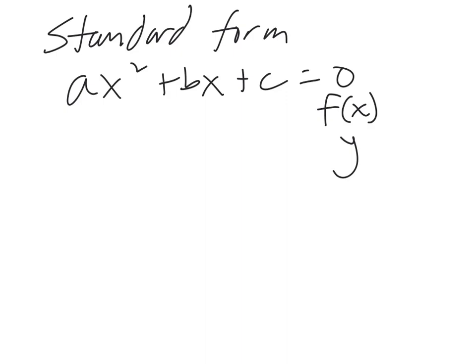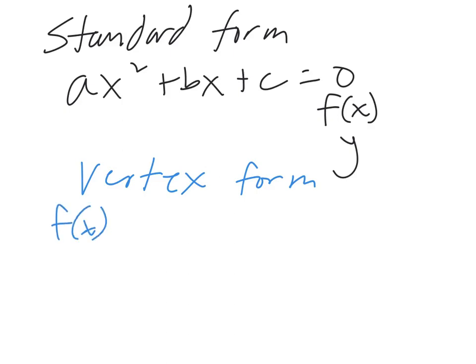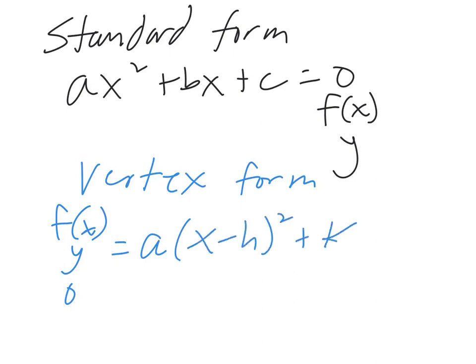Today we're going to look at something called vertex form. And vertex form of a quadratic equation looks quite different. It looks like f of x, again, or y, or 0 equals a times x minus h all squared plus k.